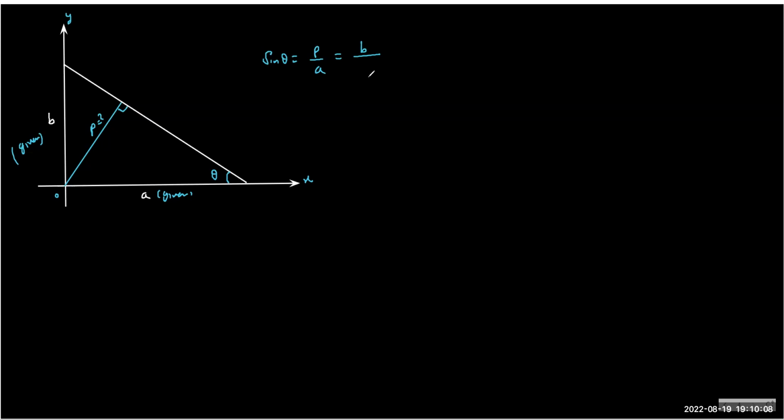Which is under root of B square plus A square. Yeah, that's the Pythagoras, no? So basically, P is always AB upon under root of A square plus B square. And see, knowing the x-intercept and the y-intercept, the perpendicular always follows this formula.